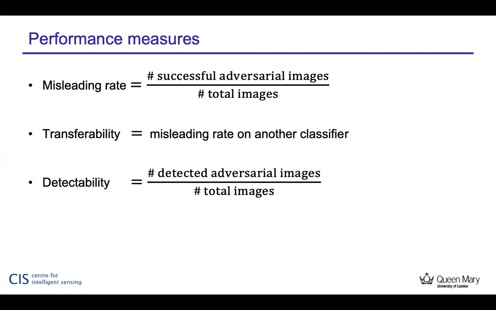And finally, the detectability is the ratio between the number of detected adversarial images and the total number of images. An image is detected as adversarial if the L1 distance between the class prediction of the image and the squeezed image exceeds a threshold. This threshold is learned based on the original images inside the training set.